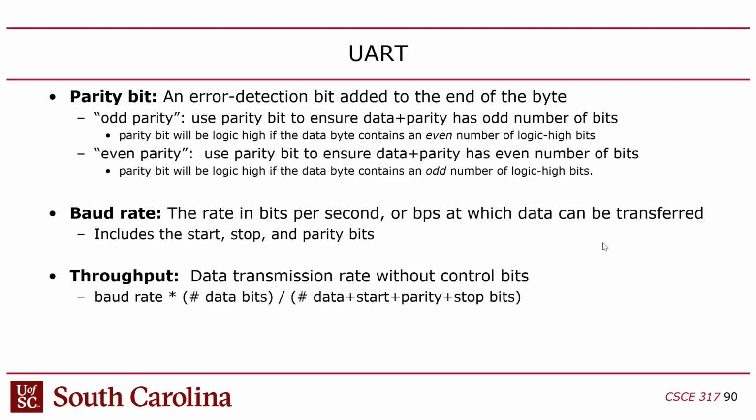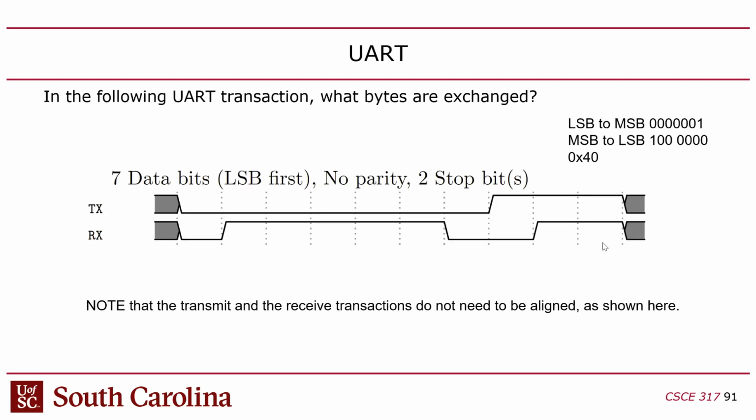And so your throughput, which is the rate at which actual data bits are sent through, is reduced relative to the baud rate. So the baud rate is the bit rate on the channel, which includes all the overhead factors like start, stop, and parity, whereas the throughput is the baud rate multiplied by the ratio of data bits to the total number of bits required to send a byte through, which includes the start, stop, parity, and any other bits that are sent.